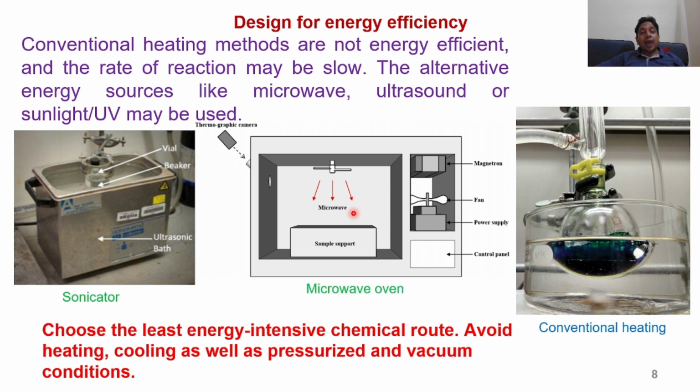These are highly efficient, which can save time, and some reactions which cannot occur or which are very slow by conventional methods can be achieved through these energy efficient techniques like sonicator and microwave processes. So choose the least energy intensive chemical route, avoid heating, cooling, as well as pressurized and vacuum conditions.